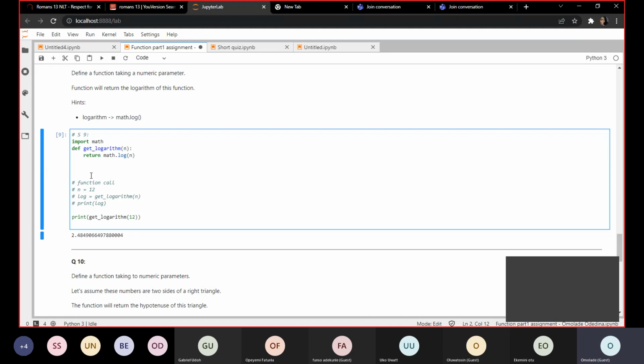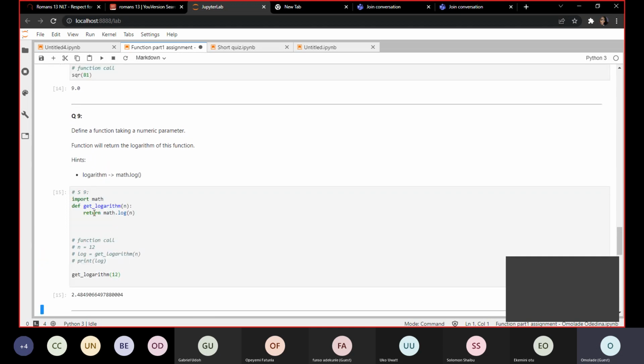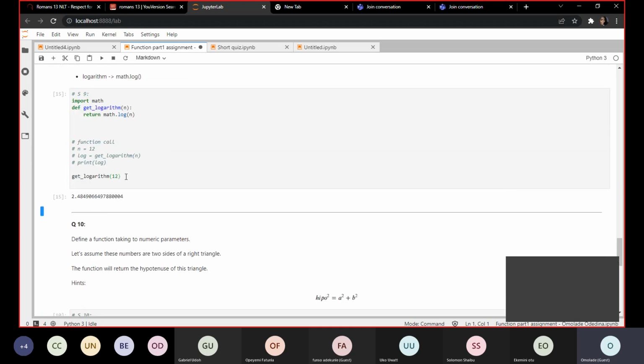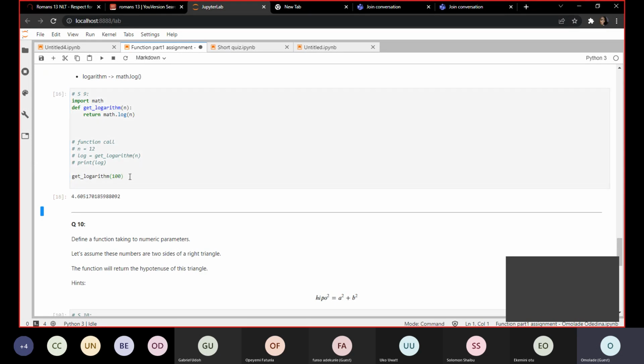So when you are done, you can use the print, but you really do not have to use the print unless you are printing something after it. So you call your function get logarithm of 12, and it gives you the logarithm of 12. Get log of 100, it gives you the log of 100.